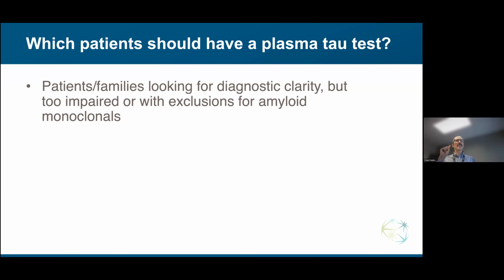The caveat is if it's in that indeterminate range, you need to be very clear that this doesn't mean that we're going to go on to another confirmatory study. This is just, if it gives us some answers, great. If it doesn't, we're going to stick with the clinical assessment at this point. We're not going to test until we can't test anymore on this. So that's one way I've been using this.